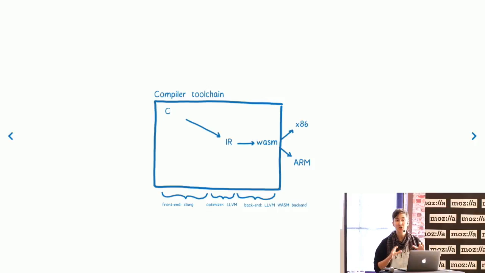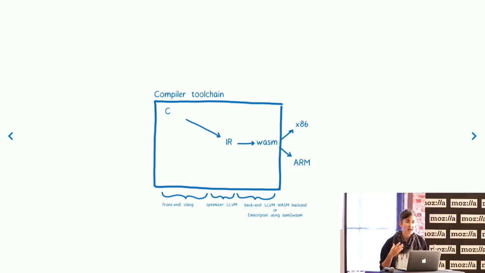Then there's a backend that's currently in progress in the LLVM project that would go from the LLVM intermediate representation to WebAssembly. Like I said, it's currently in progress. You might not want to use it until it's fully finished. In which case, you can use a tool called Emscripten that has a fully functioning backend to go to WebAssembly. It uses a fork of LLVM under the hood.